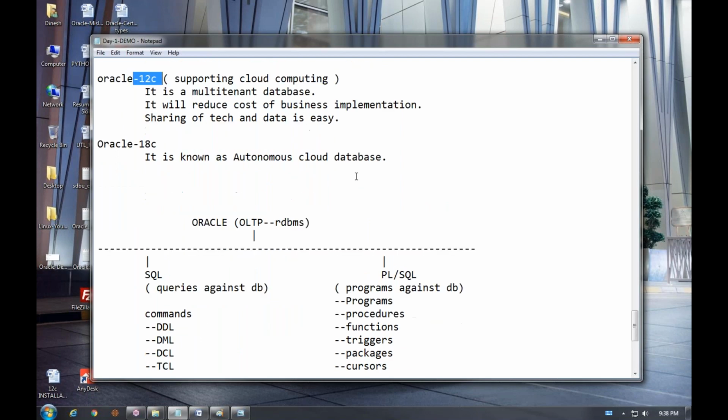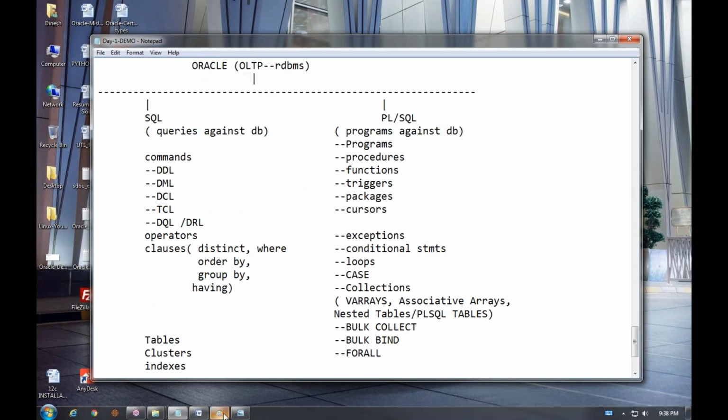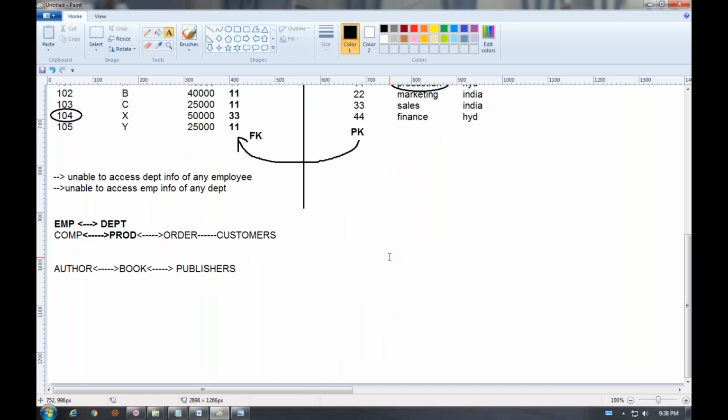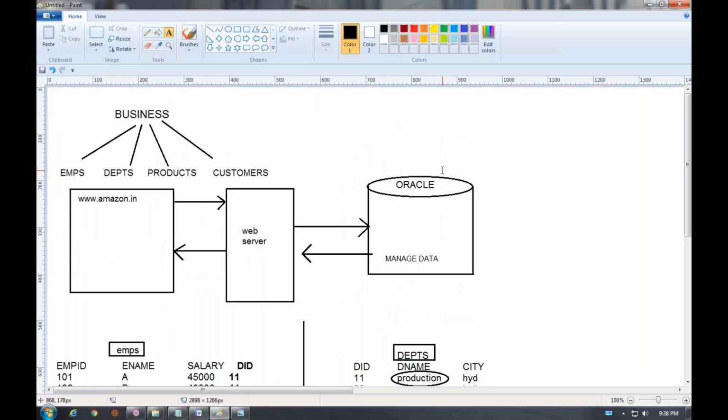Listen, all of you, let me go to the beginning of our discussion. What is Oracle? Just 2 minutes, it's almost finishing. See, it's a database. Why a database? Store data, access data, manage data. To explain it is very simple and very sweet: how to store data, how to manage data, how to access data.